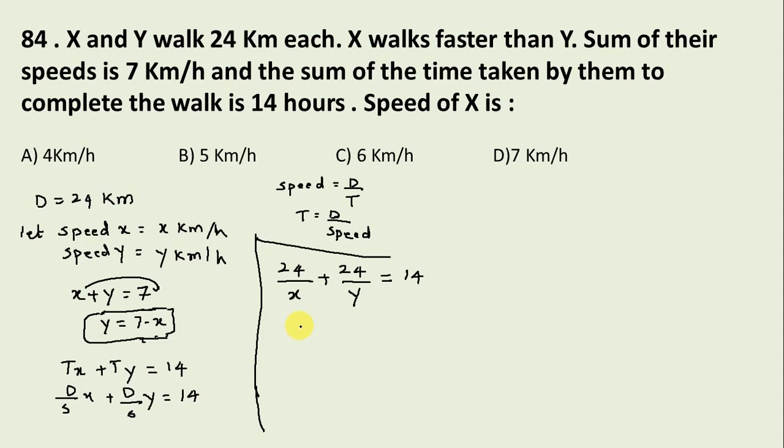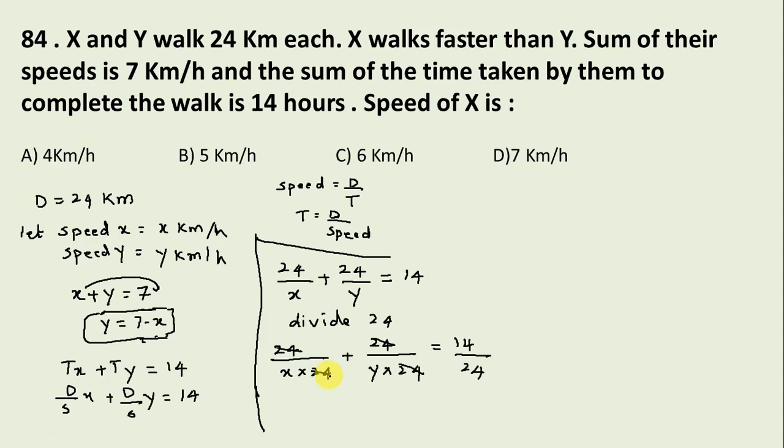Divide by 24. 24 divided by x into 24 plus 24 divided by y into 24 is equal to 14 divided by 24. 24 cancel.